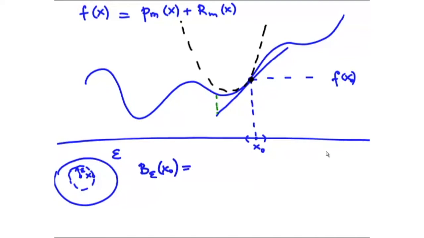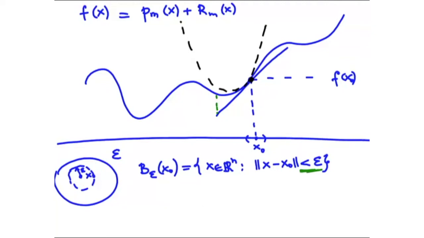This will be the set of points in Rn, in this case n is equal to 2, so we have 2-dimensional space, such that the distance between x and x0 is less than epsilon. Strictly less sign here, so the boundary is not included. That's why we call it an open epsilon ball.